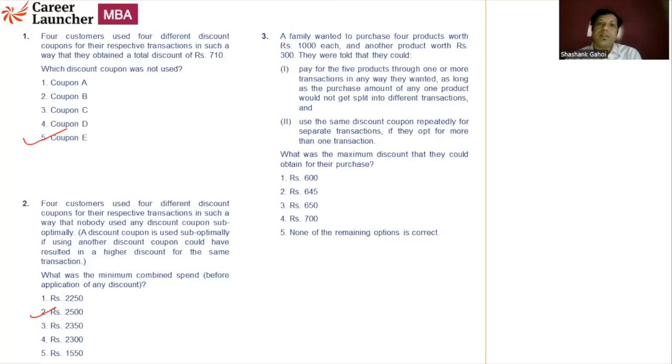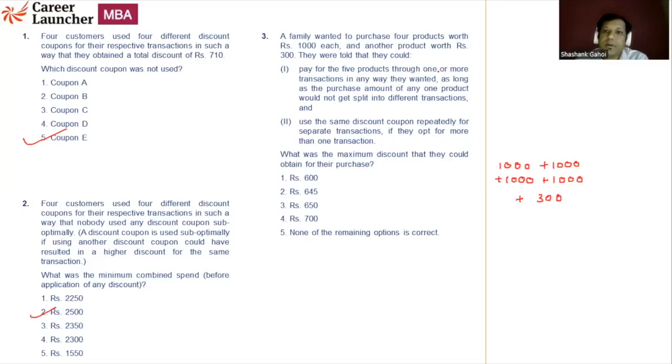Now, the next one. A family wanted to purchase 4 products worth 1000 each, and another product worth rupees 300. So basically, there is 1000, and 300. So this is the expenditure. Now, what are the conditions?